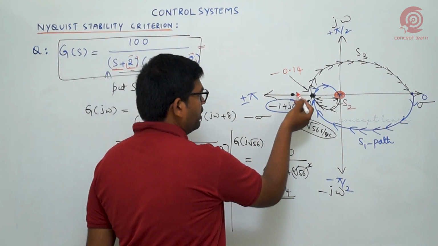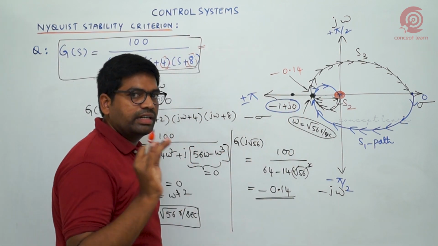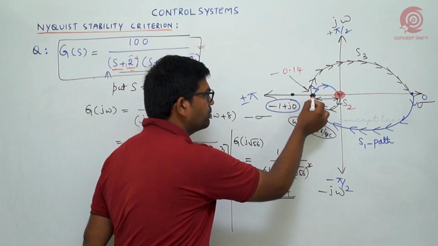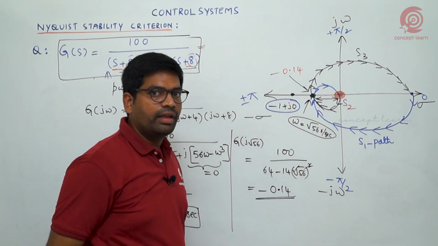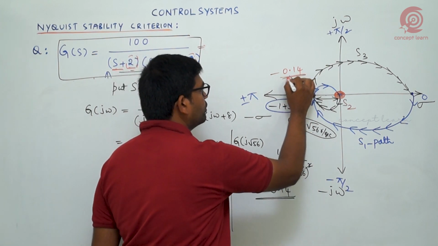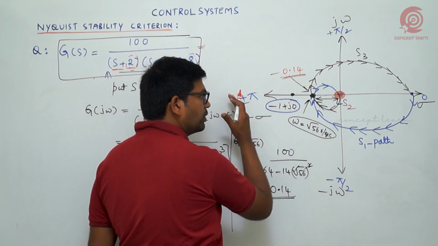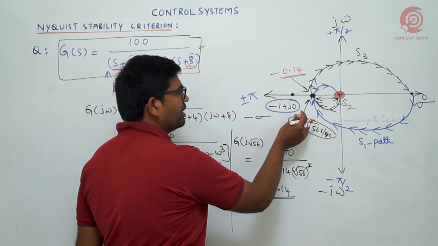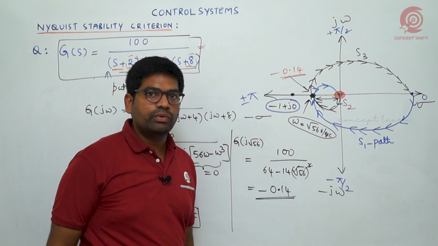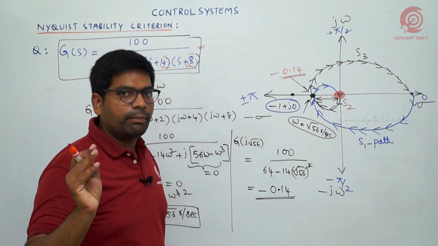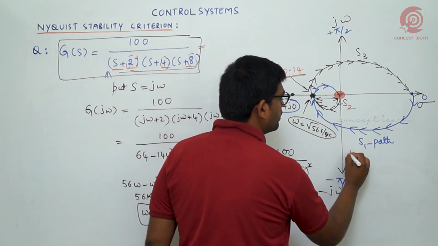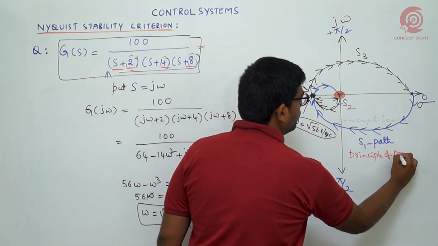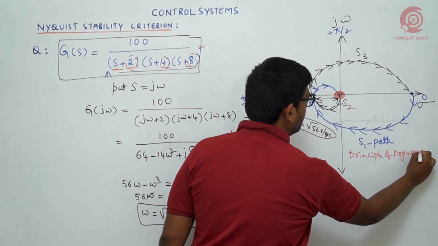Now, is that critical point minus 1 plus j0 inside or outside of this intersecting point or this contour? Definitely, if it is minus 0.14, minus 1 plus j0 is on the left-hand side of that. So the critical point is not encircled by the contour. Now we apply the principle of argument. What is the principle of argument?